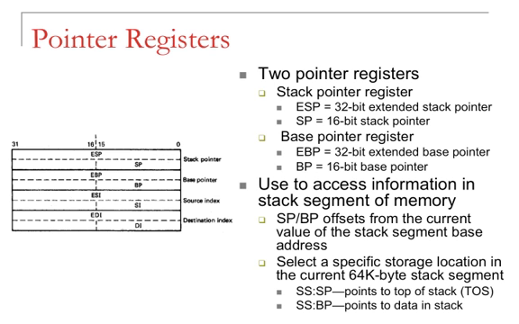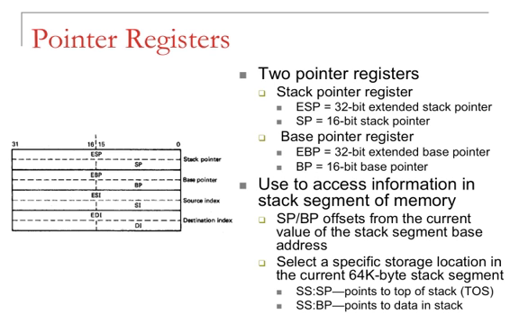You will need to give an address, for example 1, 2, 3, 4. This 1, 2, 3, 4 tells you that starting from the beginning of the segment, you need to go this far to find that word or double word. That's the offset we're talking about.